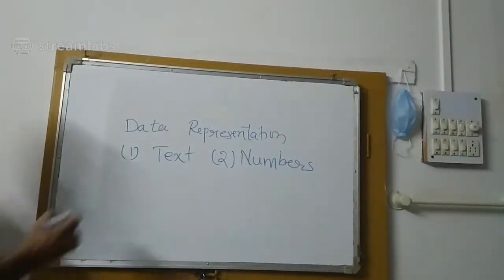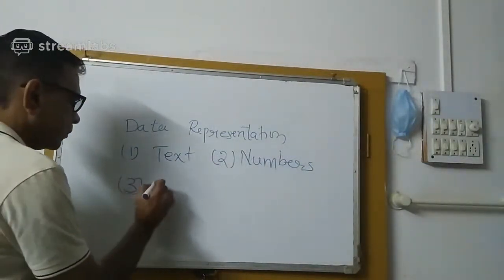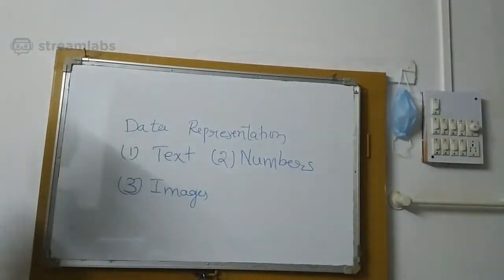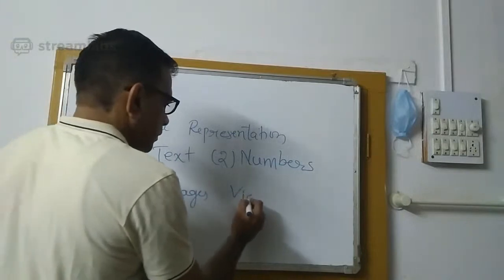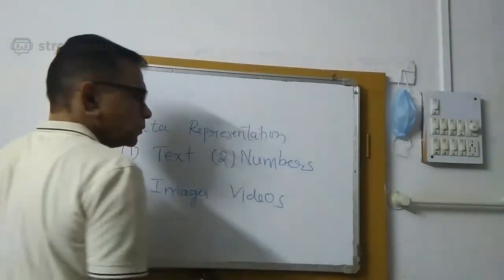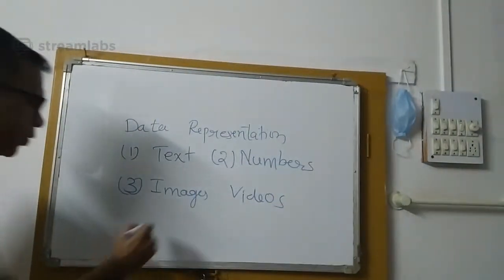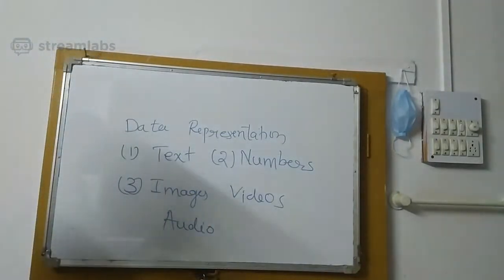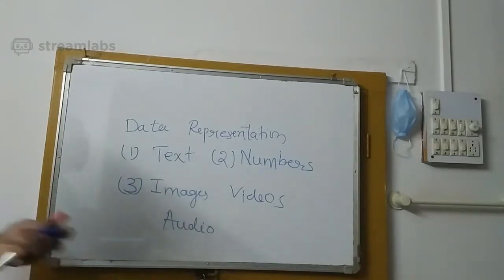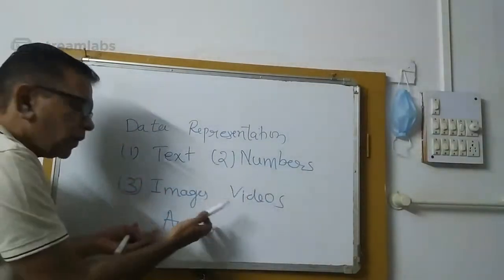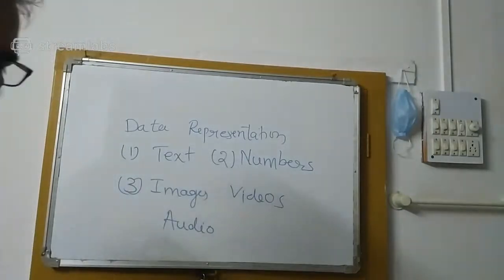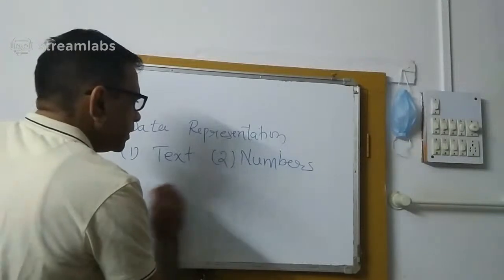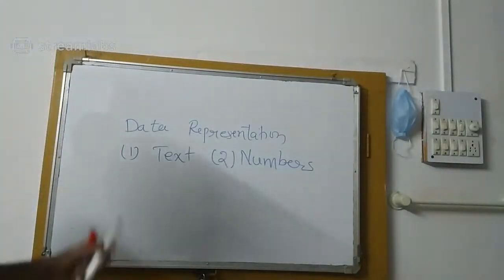Now you know that images, videos, audio are also a part of the data. Okay, so when it comes to multimedia messages, all these are part of the data, right? So now we'll see how exactly these different kinds of data are represented.